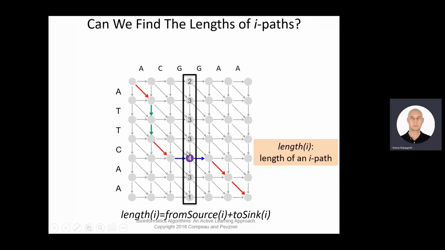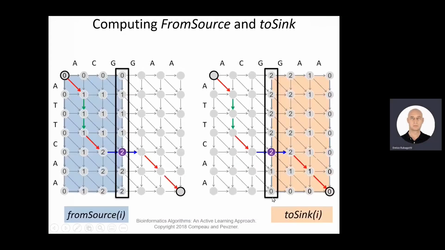So the length for each node is the sum of the weight from source to i plus the weight from i to sink. So now I can recursively apply this algorithm. From source I have this point, and to sink I have this point.